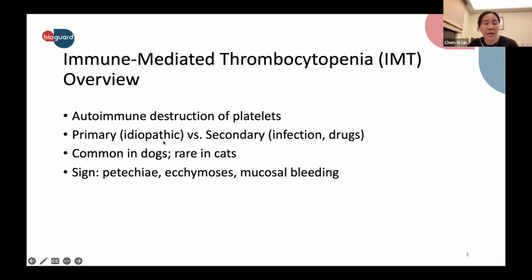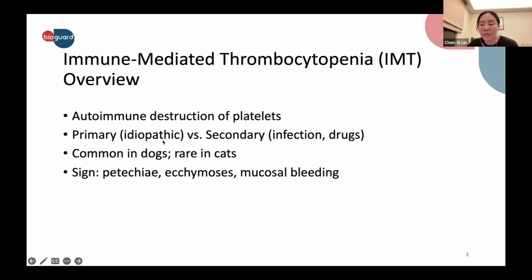For primary ITP, the pathogenesis is most of the time idiopathic. That means we don't have any idea about the cause, but these cases just happen with a giant decrease of platelets.